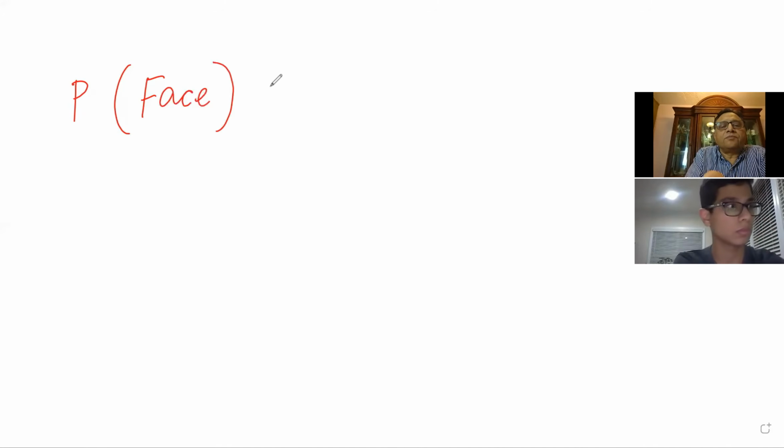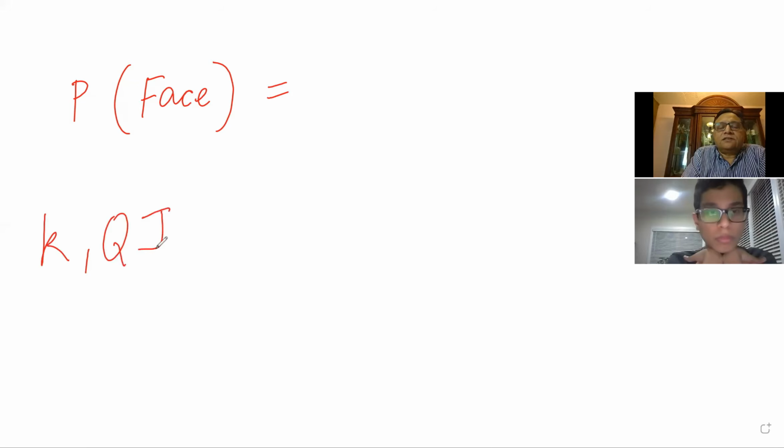Now, I could say, what is the probability of picking a card which is a face card? Can you tell me that now? So king, queen, and jack are the three face cards. And definitely, total number of cards is 52, right?